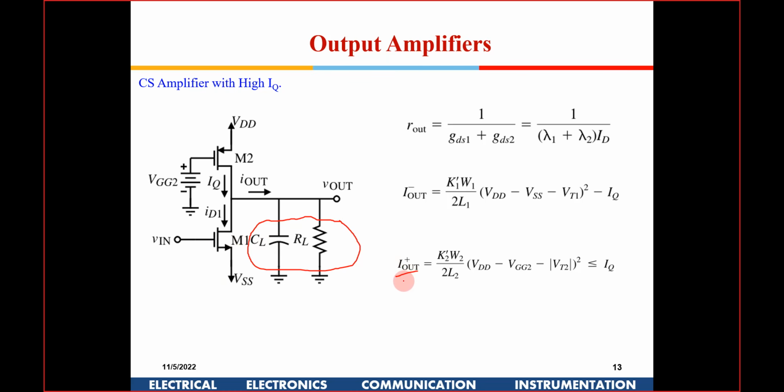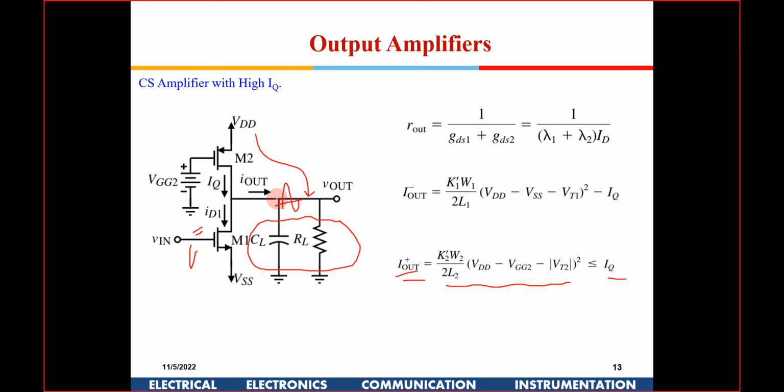Now I out maximum is when this is totally switched off, when the signal is going low. Here I am having this signal, right? In that case, this entire current can go like this out here. In that condition, this will be the equation, right?